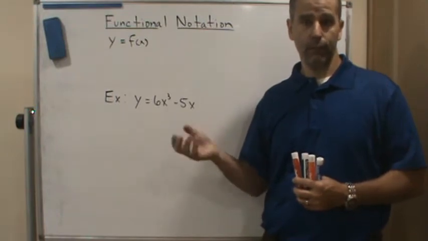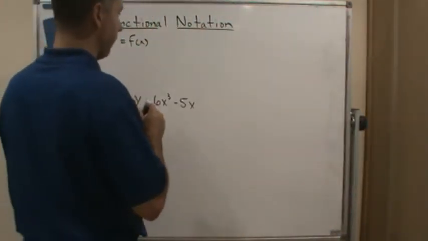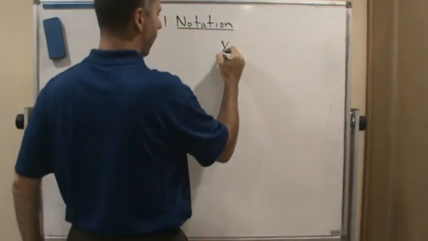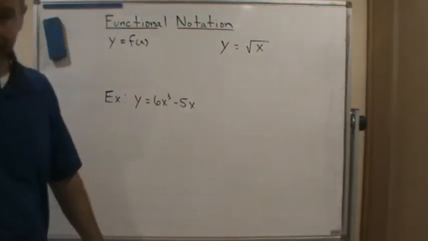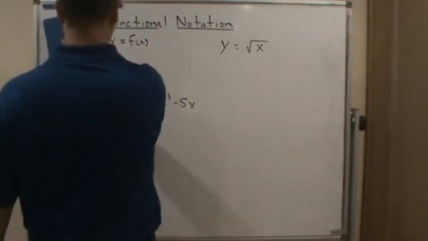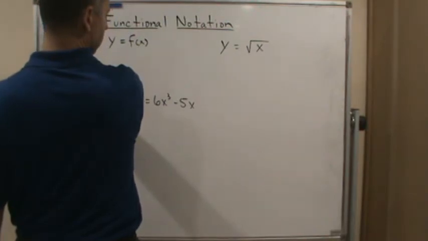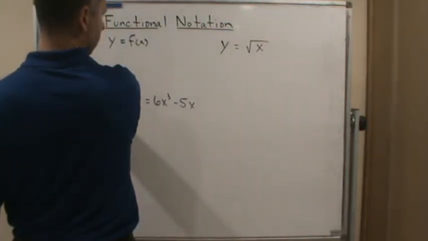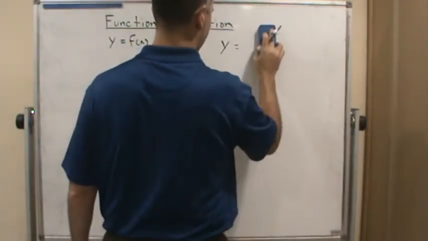So, for example, if I write y equals the square root of x, oh, not that one. It's not the one I want.